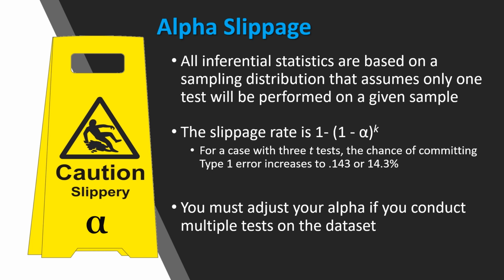So even if you ran just the 3 independent samples t-tests we discussed in the previous slide among the 3 different groups, our risk of committing type 1 error rises from 5% all the way to 14.3%. For this reason, you have to use statistics that adjust the alpha risk when you want to undertake multiple tests on a dataset.